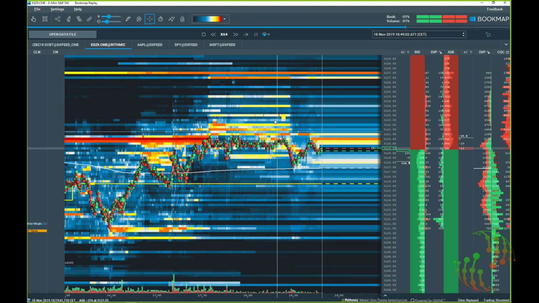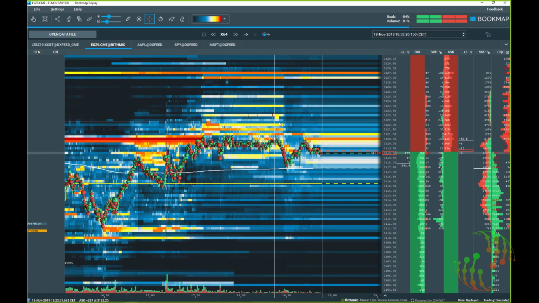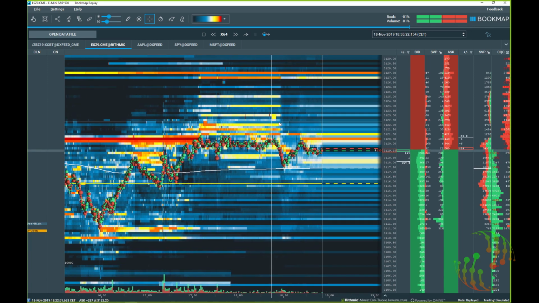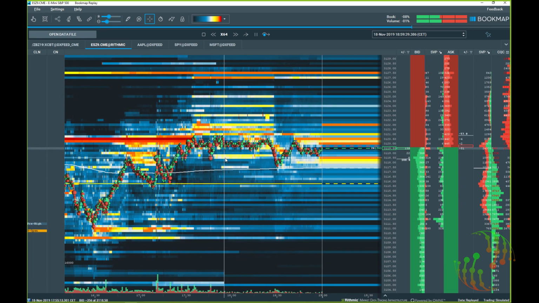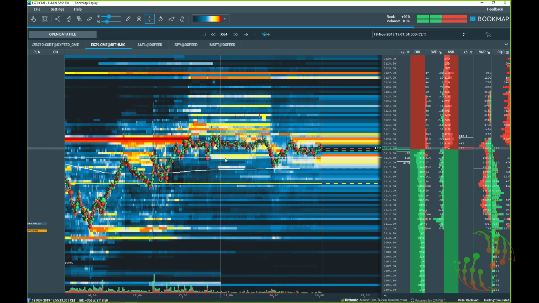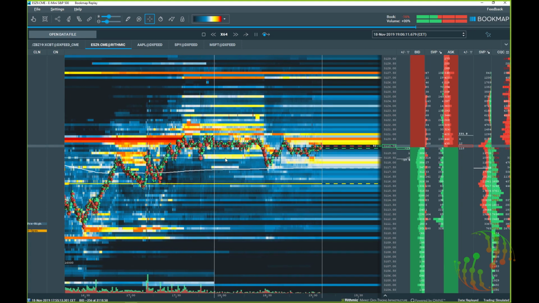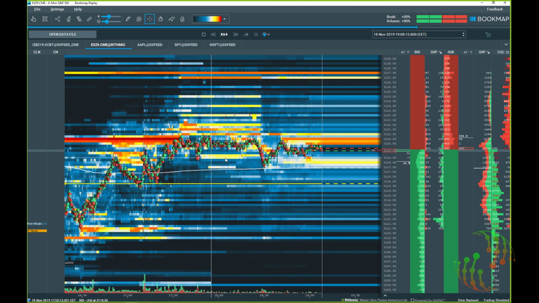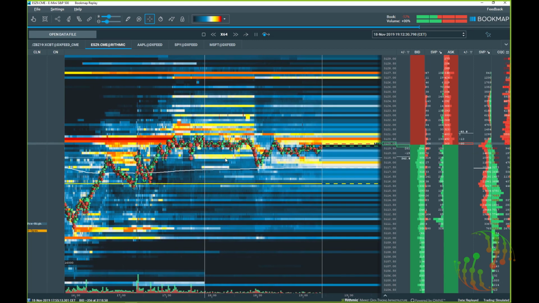It's interesting on this. We went up to 3118, and the first place where you showed that the liquidity was pulled on the bids below, we went down to find support, and then as we went up to the top, you can see that the liquidity came in on the offers. We went sideways.